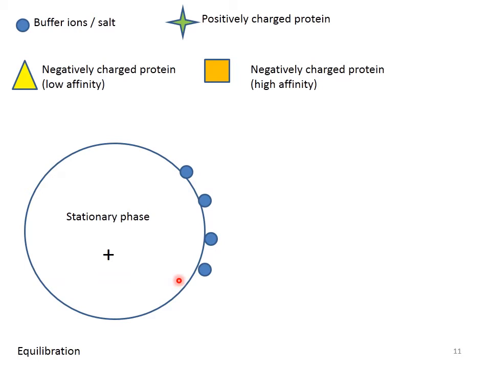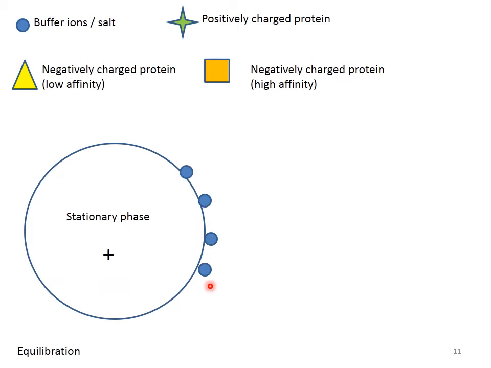To simplify the illustration, the binding is shown only on this part of the bead, but actually the bead contains the charge groups all over its surface, and binding will take place all over the surface of this bead. But to simplify, it is only shown in this part of the stationary phase.